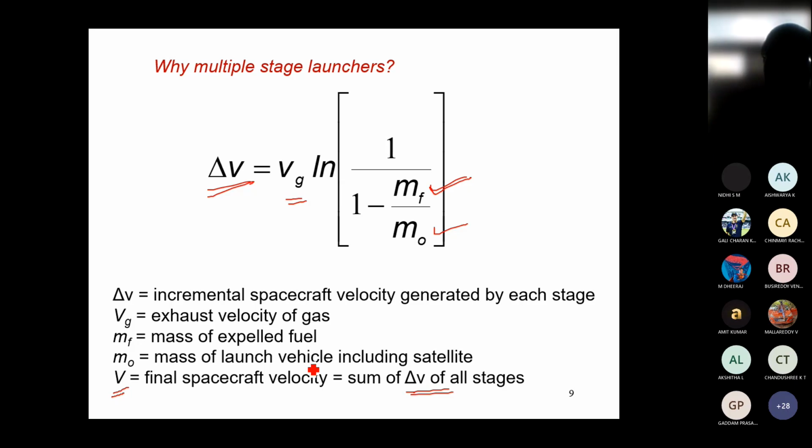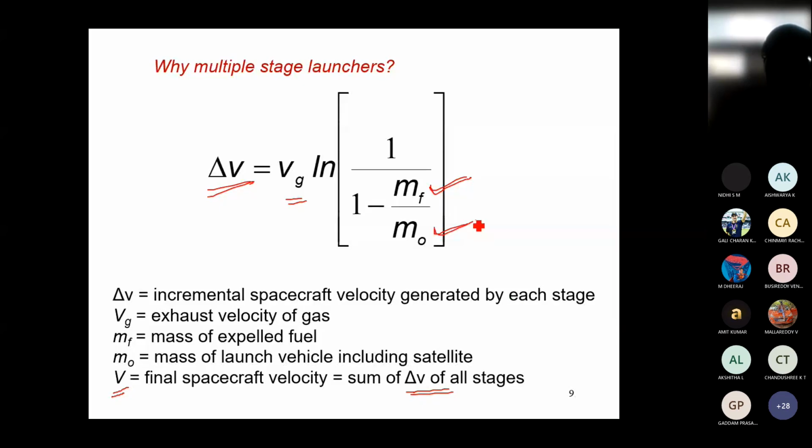By that process, gradually the mass of the rocket or the launch vehicle will decrease. Hence, the value of m0 will decrease stage by stage.